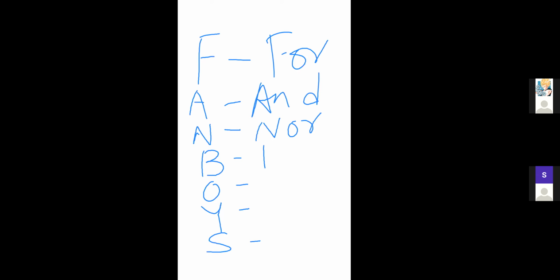Then B. But. Very good. Then O is or. Y is yet. And S is so. So these are some commonly used coordinators, or coordinating conjunctions. But apart from that, we also have other conjunctions, which we are going to study. And that was just the easy way to remember.